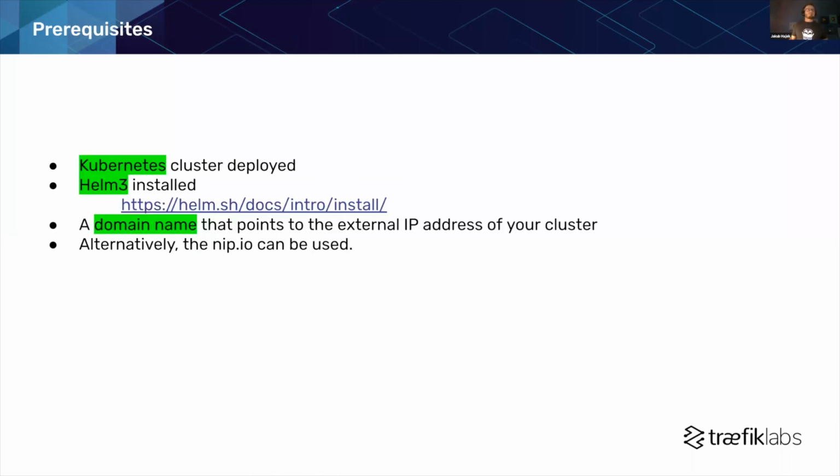So, what are the prerequisites? As it was mentioned in the notification you received after registering to the page, you need to have a cluster deployed. Kubernetes 1.19 will be enough. However, I'm using 1.20, but there shouldn't be any difference between those two versions. You need to have Helm installed, because we will deploy Traefik using Helm. Why Helm?